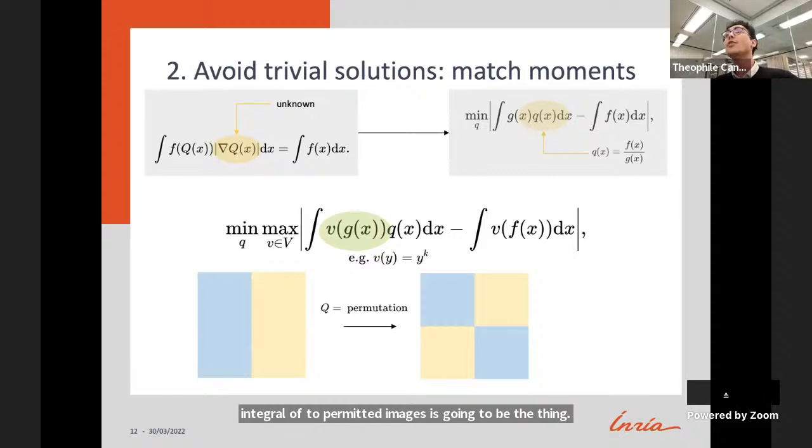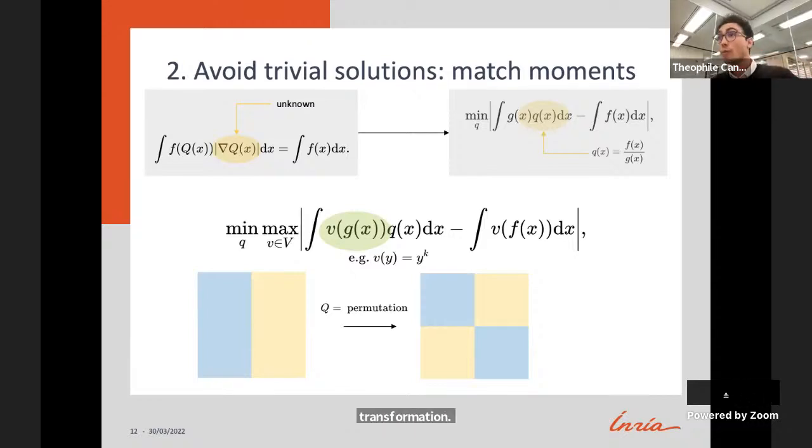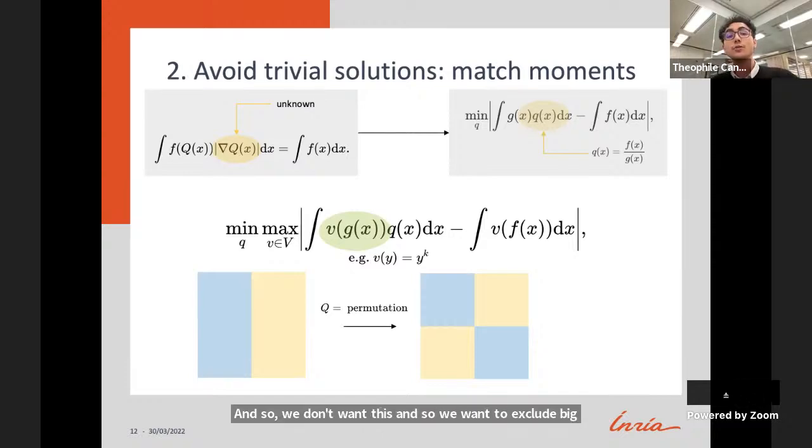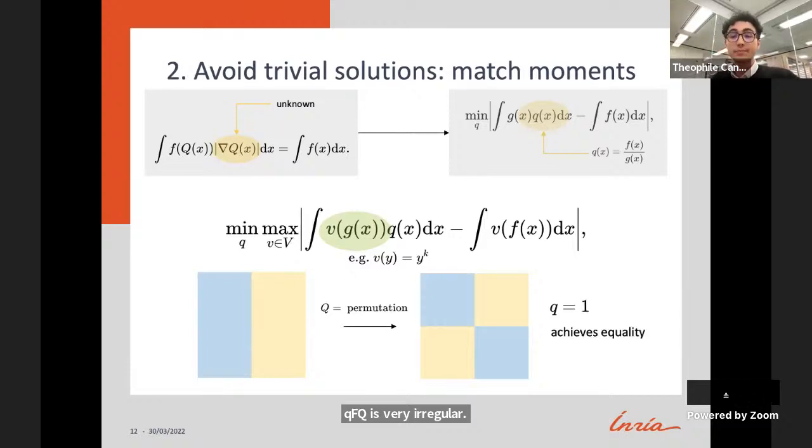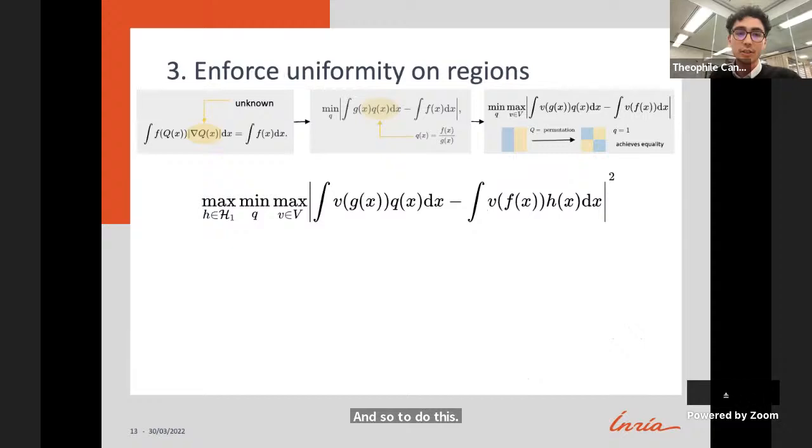And so here the problem is that we're going to say that the distance between them is 0, even though they differ by a very non-smooth, non-diffeomorphic transformation. We don't want this, so we want to exclude big Q if Q is very irregular. Here Q equals 1 achieves the equality.